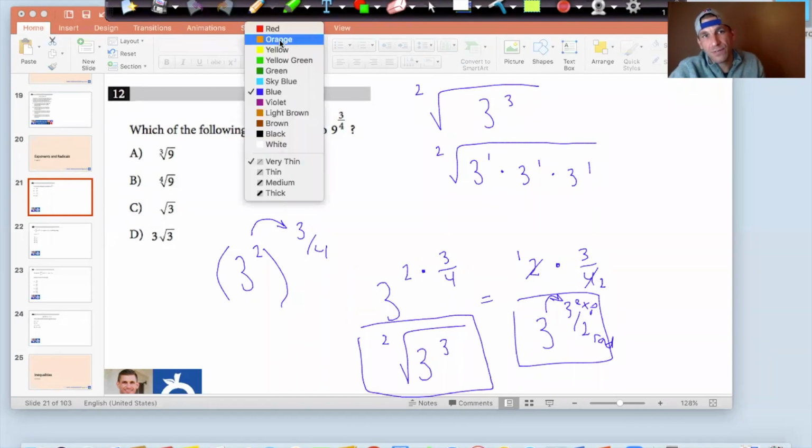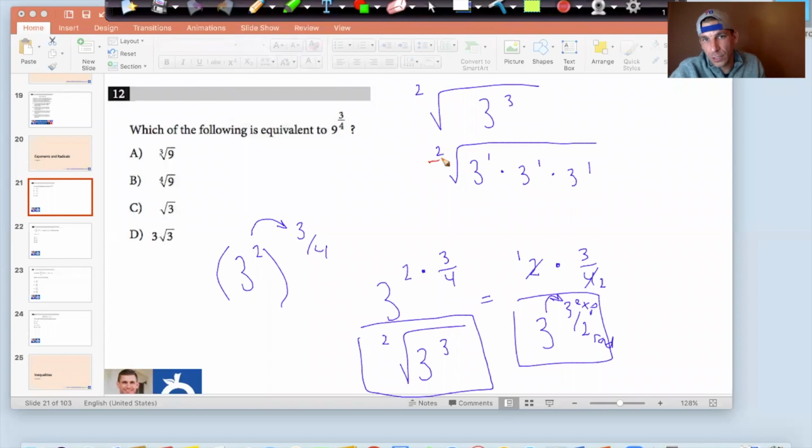Now, because I have a 2 here, these need to be taken out in groups of 2s. So I have to take them out as a 2 together, right? So these become 3 times itself is what the square root is. So now I can pull this out, and this becomes a 3 radical 3 because I have 1 left in here, right? This one stays, these go out, as it has been simplified, as it comes out.